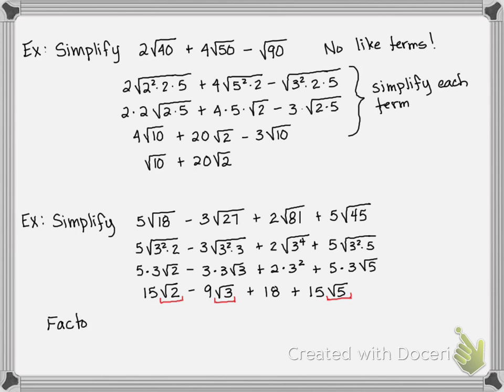So, Mike, what you were asking is if I could factor it. So this is fully simplified. Remember that factoring isn't simplifying. But if I wanted to factor this, I could say they all have a common factor of 3, and I could call this 3 times 3 root 2 minus 3 root 3 plus 6 plus 5 times the square root of 5.